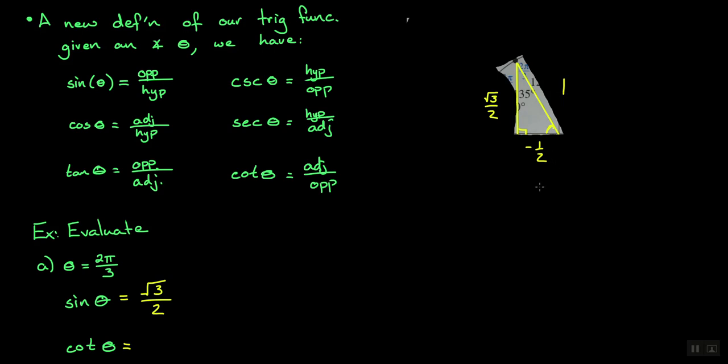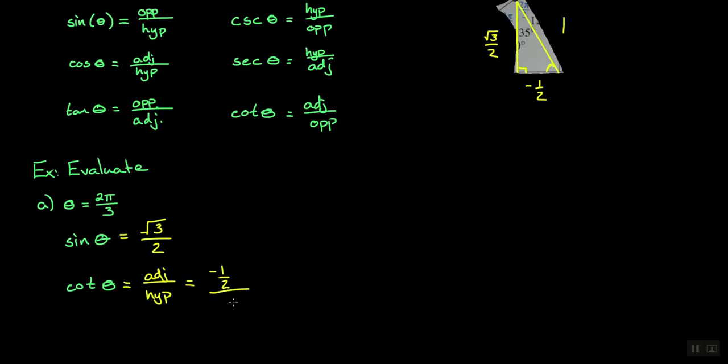Now from this angle, if we want to find the cotangent, I know it's the adjacent over the hypotenuse. From that angle, theta, that we have identified on this triangle, what's the adjacent leg? Negative 1/2 over, what's the hypotenuse? 1. What's the cotangent here?